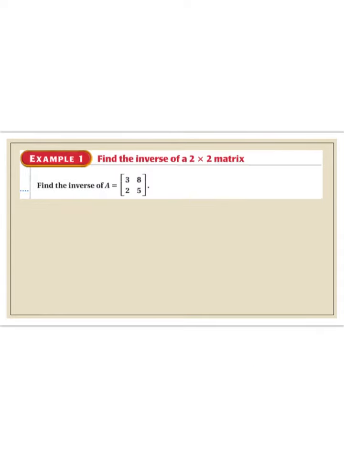Okay, so let's try an example. So we're looking for A inverse. So the first thing we need to do is find the determinant. So the determinant goes in the bottom of our fraction and 1 goes in the top.